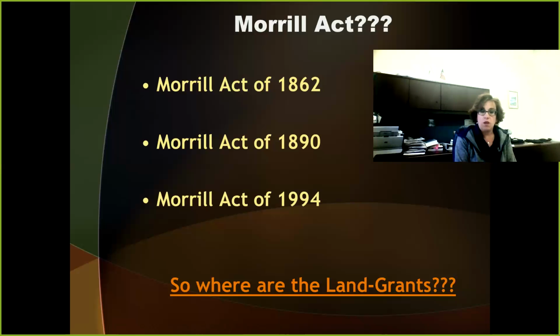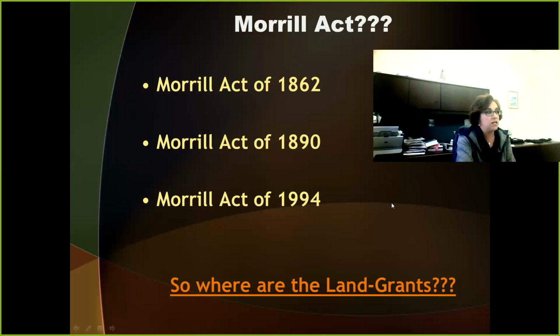So those states that had racial segregation, where you couldn't get into the university based on your race, received separate money for a land grant university at historically Black colleges. And so you'll see those traditionally in the southern states, because they were the segregated universities.